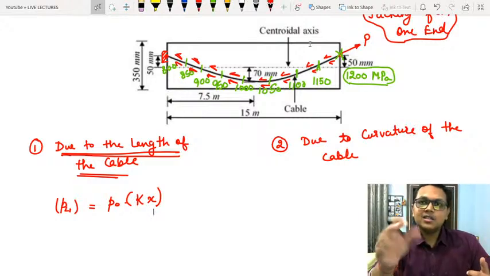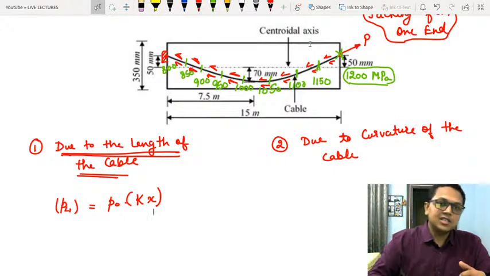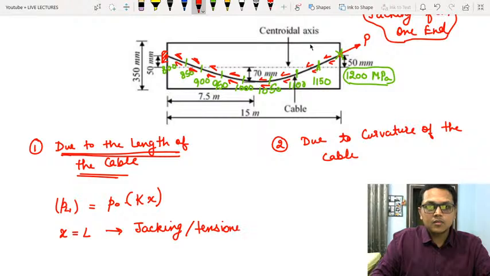So over here, since the jacking is done from one end, the whole cable, as you can see, is subjected to the resistance. So over here X is equal to L for jacking or tensioning from one end only.